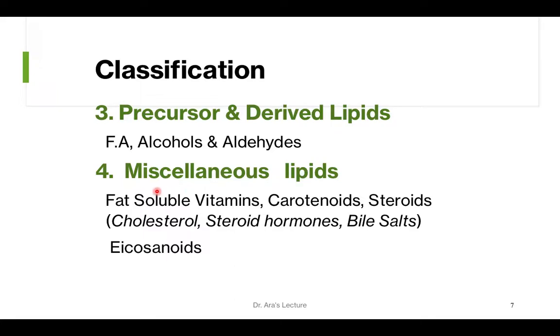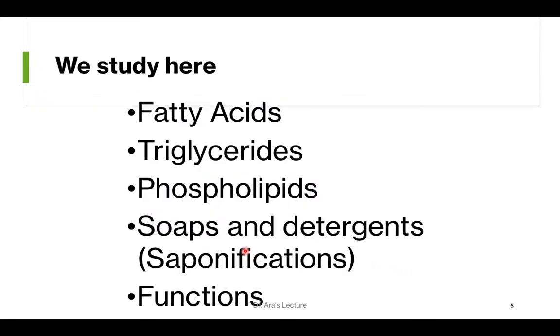We also have a miscellaneous category of lipids, where sometimes we see fat soluble vitamins like A, D, E, K, carotenoids, steroids, cholesterol, steroid hormones, bile salts, etc. In this lecture, we will study a little about fatty acids, triglycerides, phospholipids, soap and detergents, which we call saponification, the preparation of the detergent that we always use, and functions, and a little bit about problems.